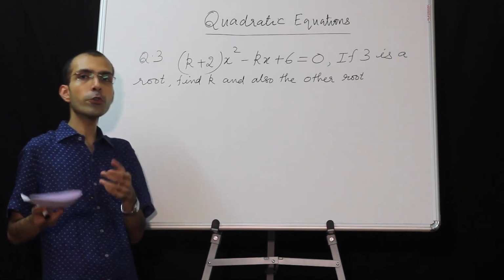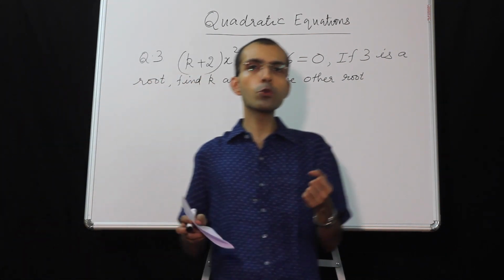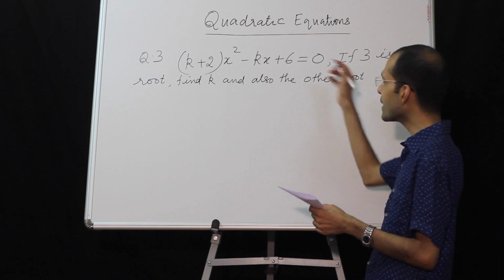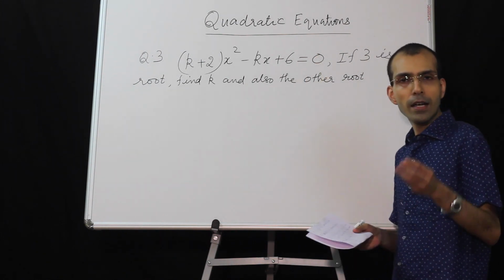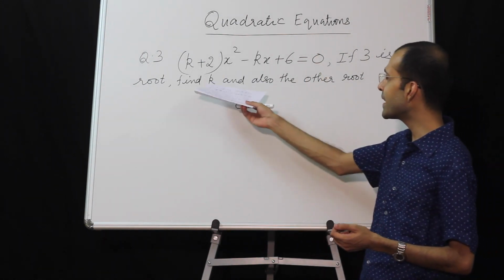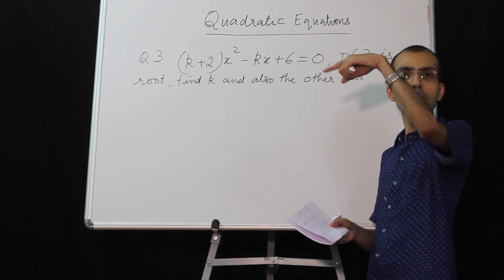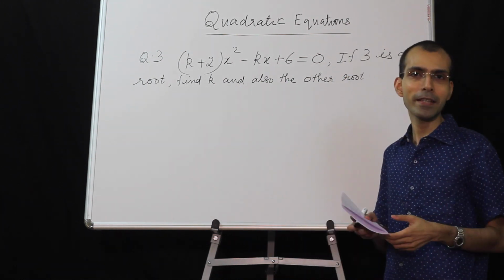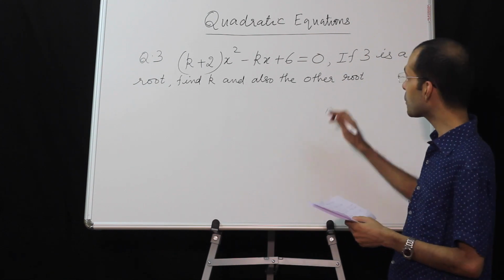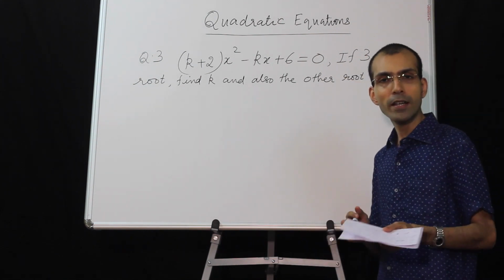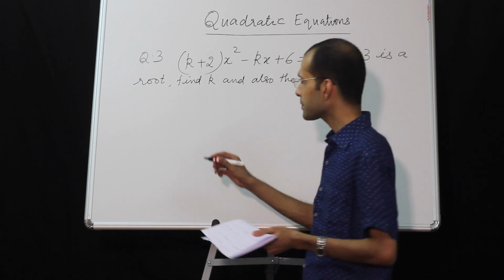It is told to you that 3 is a root of the equation. So now we have to find k, and after that we also have to find the other root of this equation, because quadratic equation will have two roots. So we need to find that other root also. So let us see how to proceed.